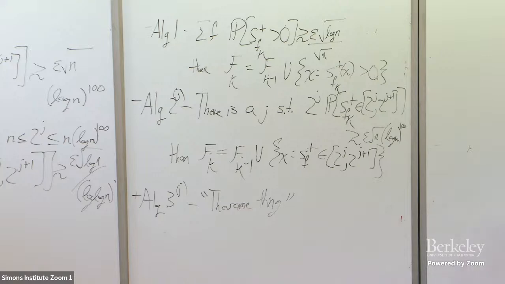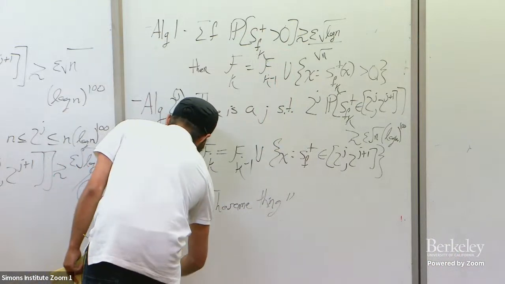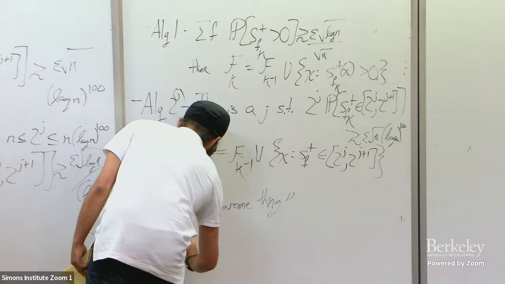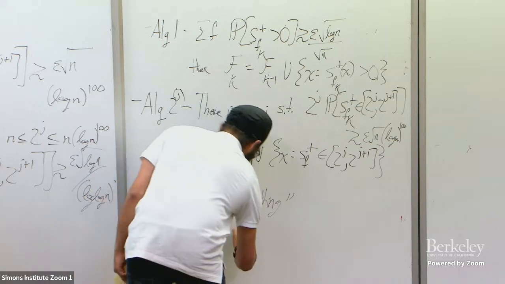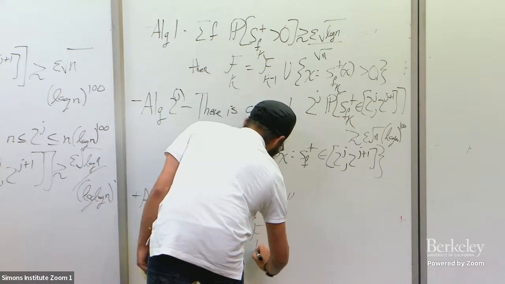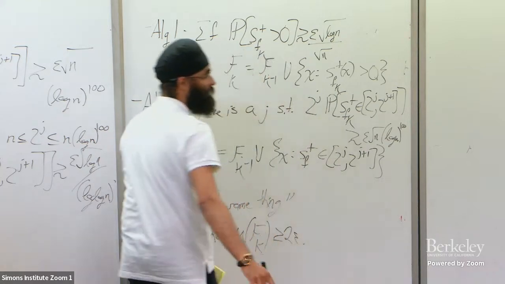Okay. And as stated, this algorithm goes on forever. I'm just going to define a termination condition. Terminate when the measure mu of F_k is greater than 2 epsilon.